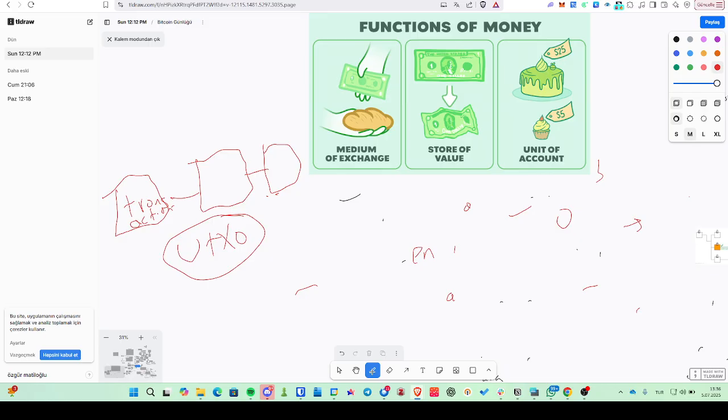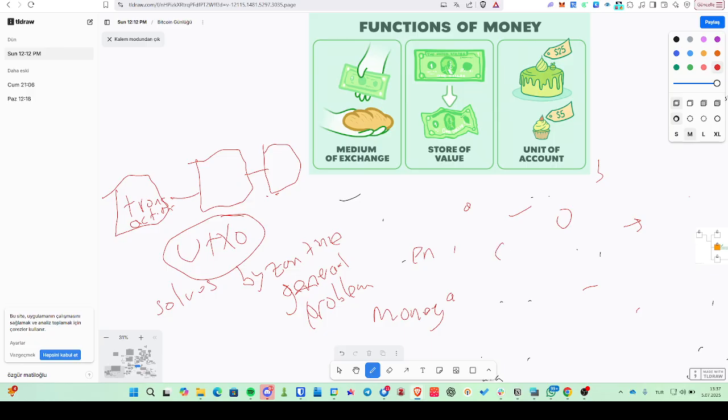So that's why the Bitcoin consensus mechanism solves the Byzantine Generals problem. That makes it money, because money has a medium of exchange, money has store of value, and unit of account.